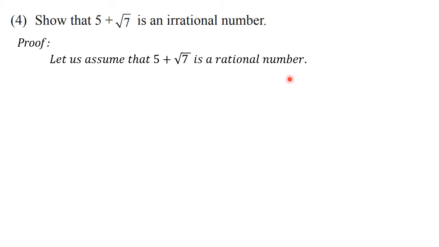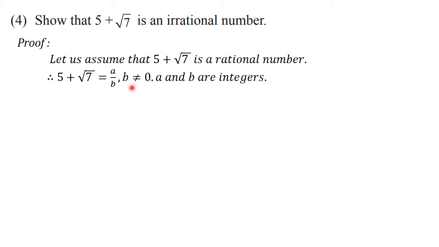Okay. Then we know that rational numbers, which are also called quotients, we can write them in the form of P upon Q or A upon B, where A and B are integers. Also A and B are co-primes, meaning they don't have any common factor other than 1. Also the second important condition here is B cannot be 0.